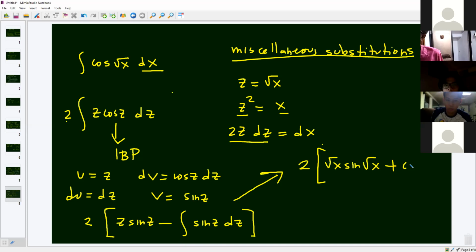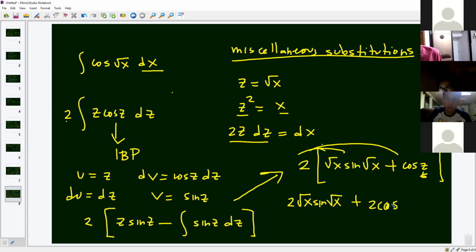And then babalik ko lang, kasi naka-z pa rin yan. Most of you wrote your answer na naka-distribute yung multiplier, so I'll do that the same. So 2 cosine z, and my z is of course square root of x, then plus c at the end. 2 square root of x sine square root of x plus 2 cosine square root of x plus c.